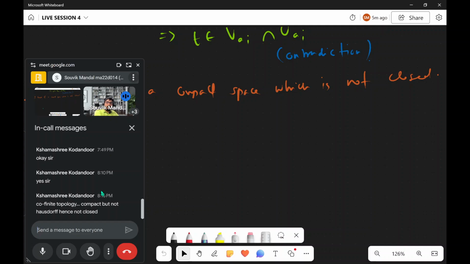X is closed in itself, so it does not make any sense. I understand your counterexample, but tell me the proper mathematical statement.